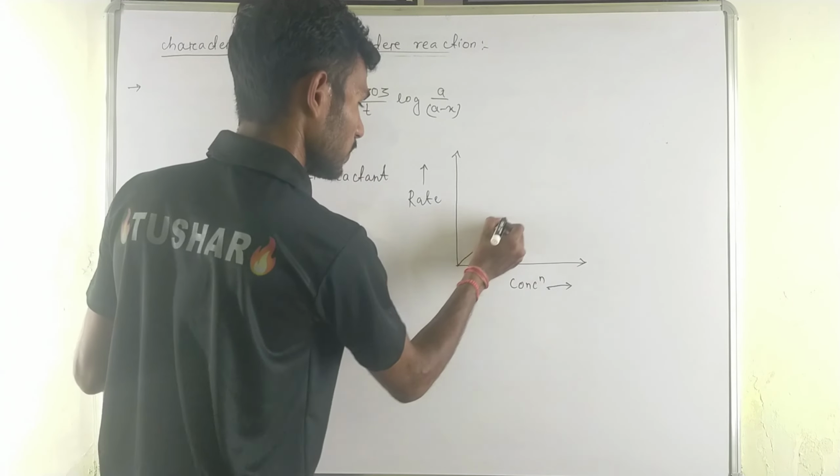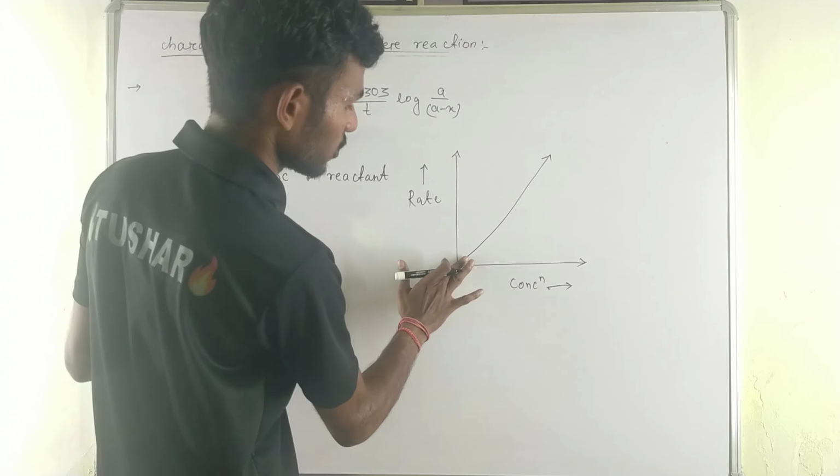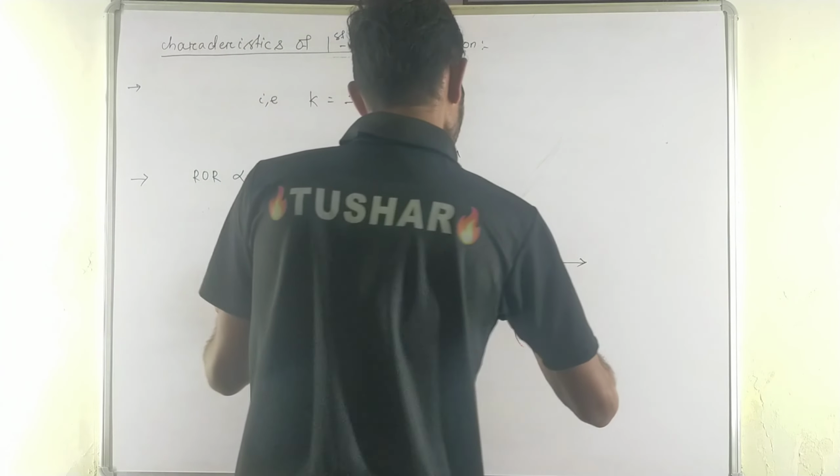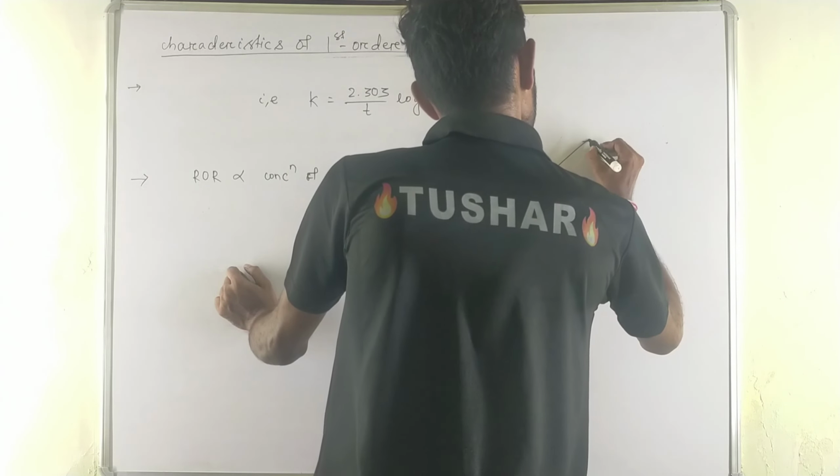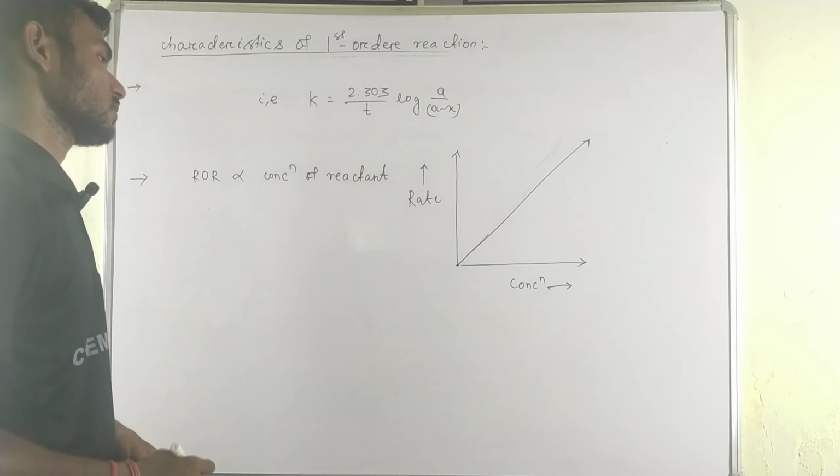If we plot a graph of rate against concentration of the reactant, since rate is directly proportional to the concentration, the nature of the graph will be a straight line starting from the origin.